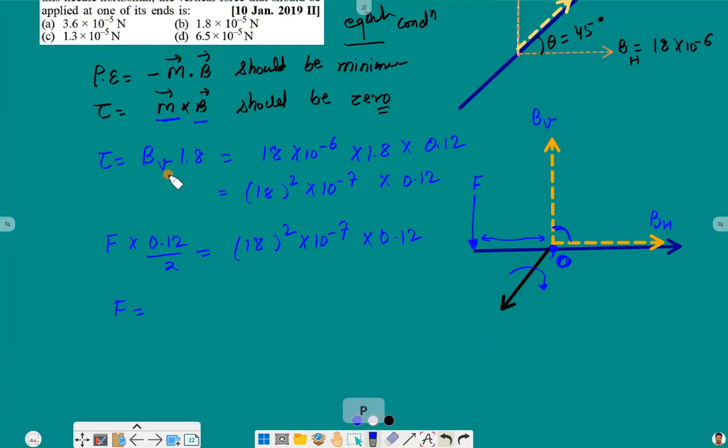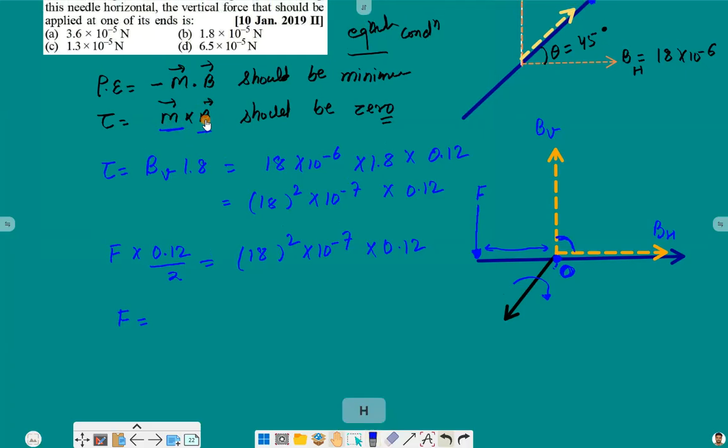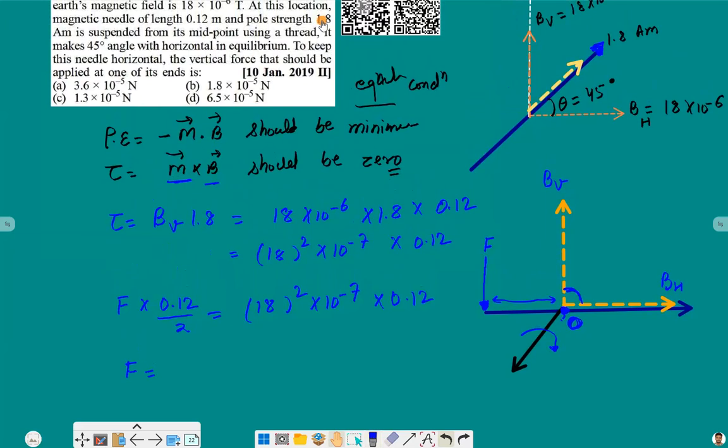Let me clear again that in torque we need magnetic dipole moment into magnetic field, and magnetic dipole moment is pole strength times the length of the magnet. So here pole strength is mentioned 1.8, and length of the magnetic needle is 0.12. So m is 1.8 into 0.12. So 1.8 into 0.12 into magnetic field will be the torque.